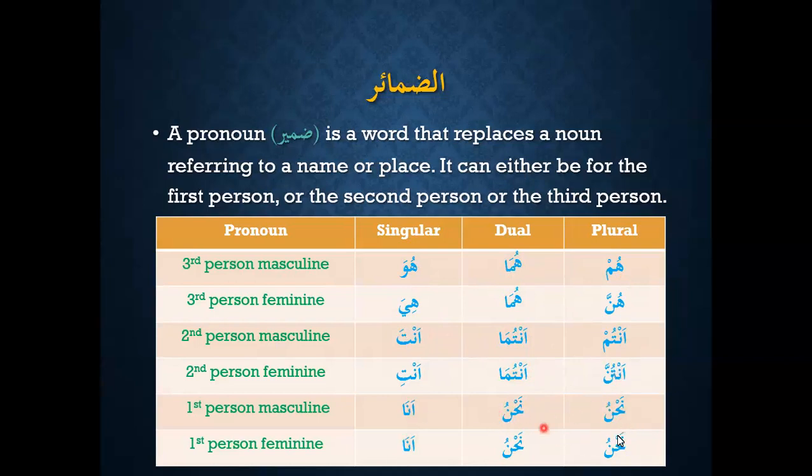Nahnu is for both dual and plural, and for masculine and feminine; ana is for masculine and feminine both. So you have 14 here. Ideally you would have 12, because these two should be single and single, but traditionally they keep it at 14, just to keep the rhythm, with the same word for a few of those.